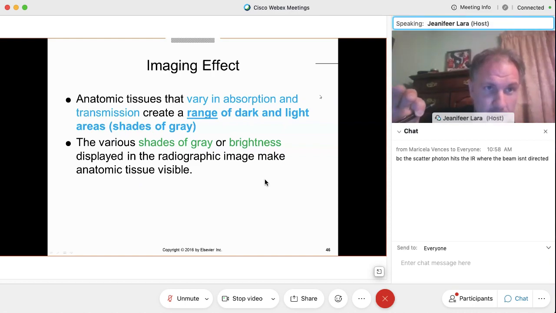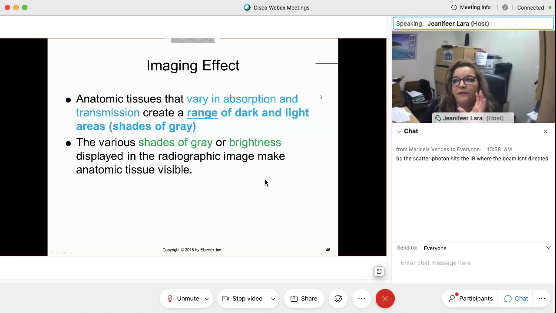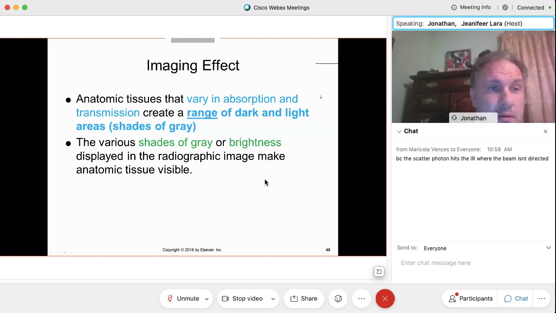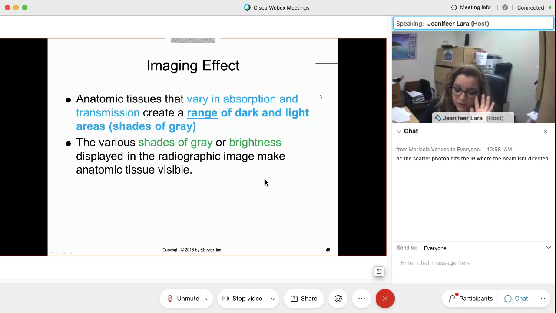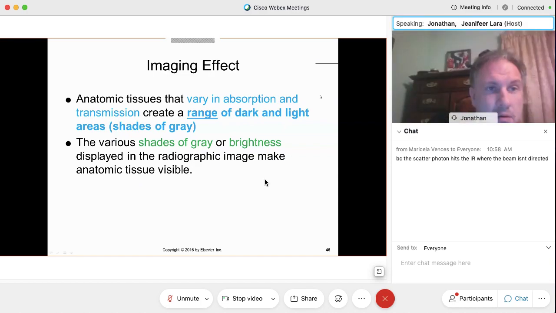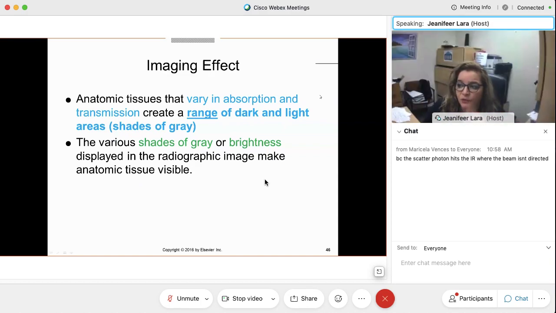Absolutely. Because if the photon interacts with air at the image receptor, will that photon likely have retained all of its energy? Yes. Good. So the deposit of energy is going to be greater on the image receptor where air is present.